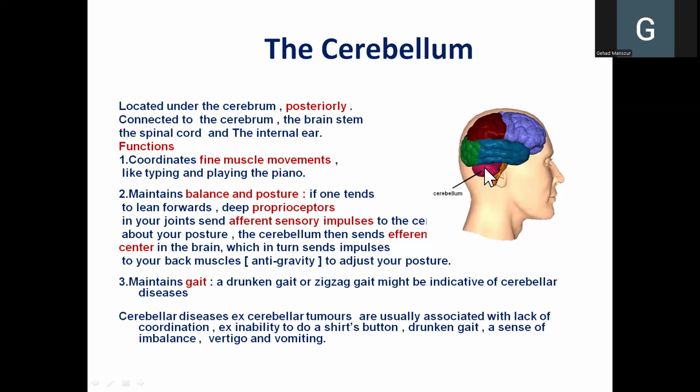The cerebellum realizes that the position of the body has changed, so the cerebellum gives orders automatically via descending cerebellospinal pathways. There are fibers that descend from the cerebellum to the spinal cord.